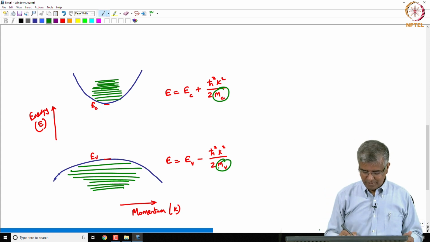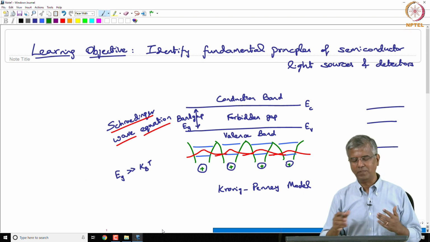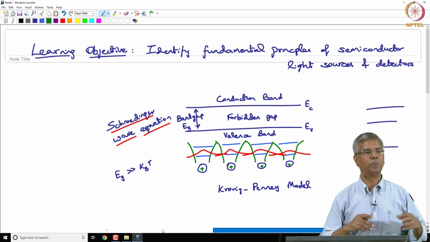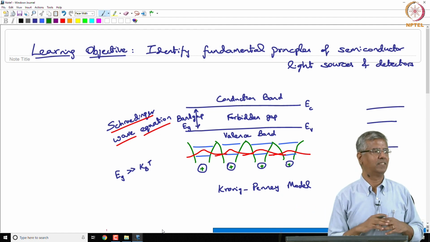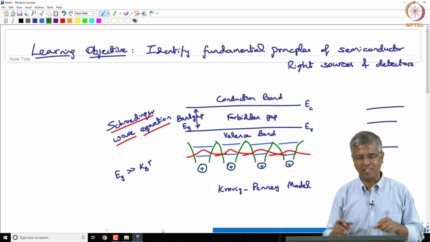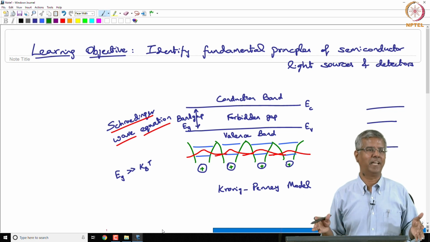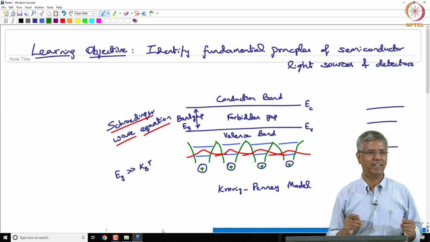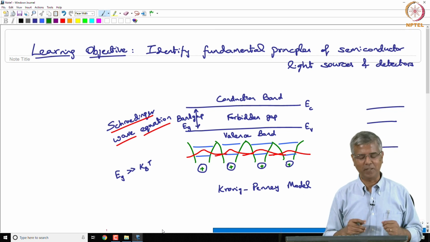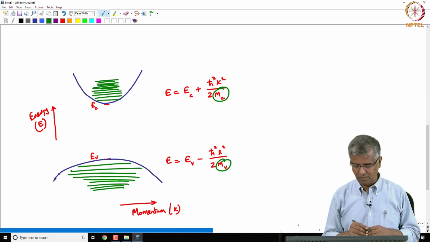Maybe you can physically understand it from this picture. In the conduction band it's free to move, so the effective mass is low, right, whereas in the valence band it has all these potential wells that are like speed breakers, if you may, in a very crude sense, and so the mobility is reduced.